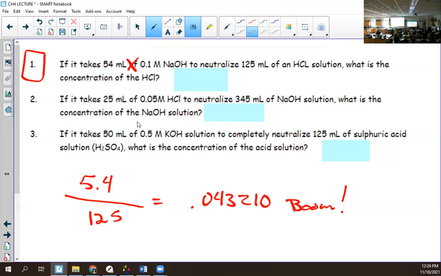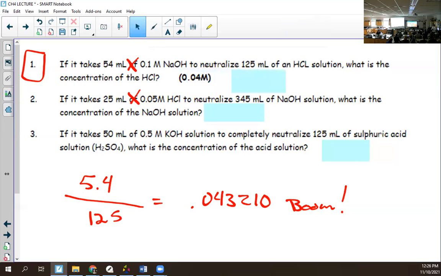Here we go. Do you see an "of" in question number 2? Yeah, what are you going to do? And then what are you going to do? Divide it. Okay. For number 3, there's something different.